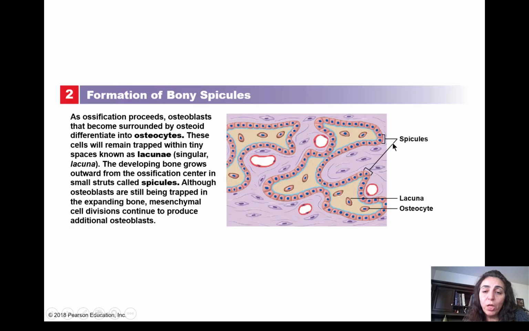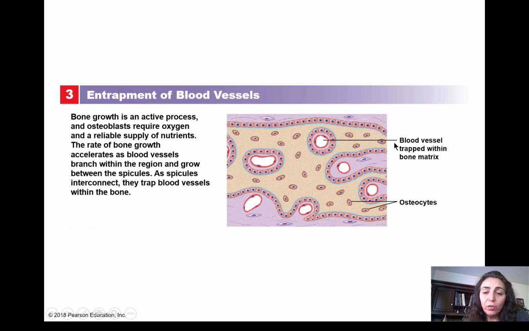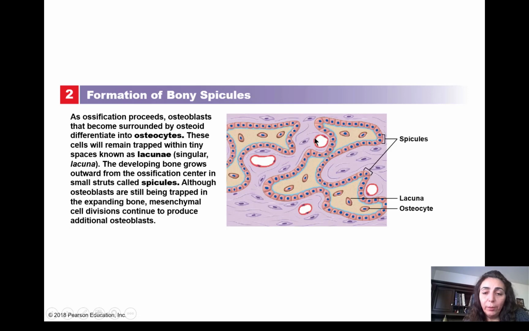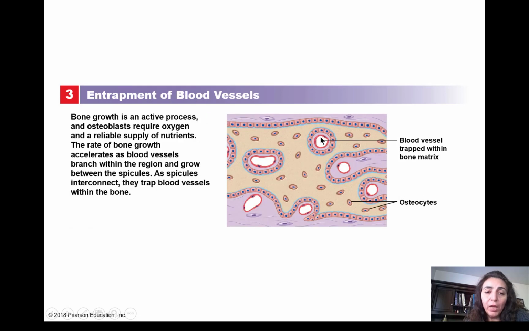Then you see that in the next picture they are getting bigger, with more matrix, and finally, as the shape forms, they are making spicules, and the blood vessels around them are now trapped in the middle of them.